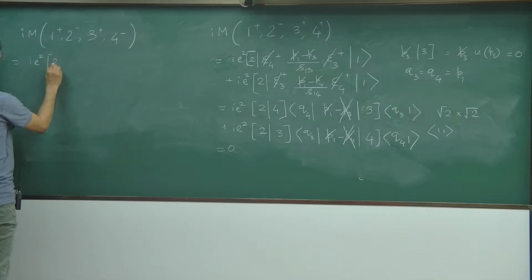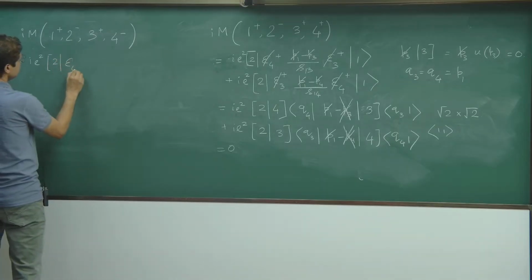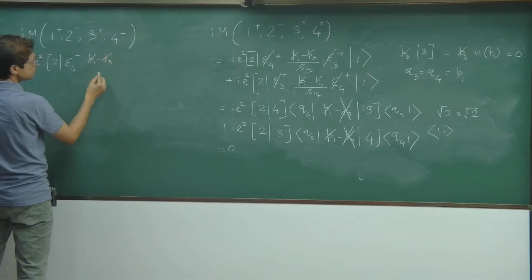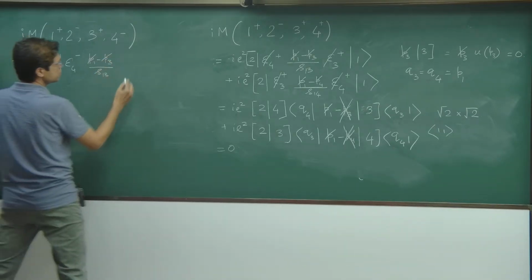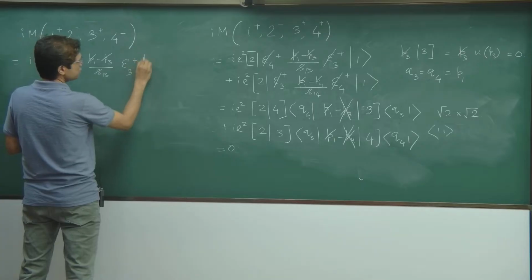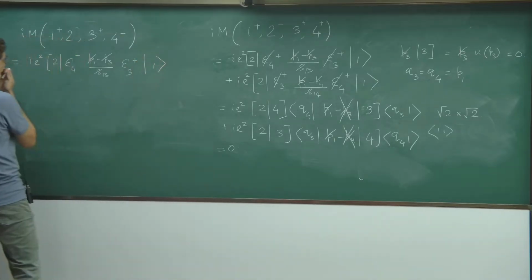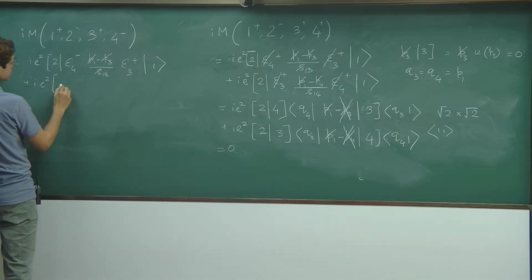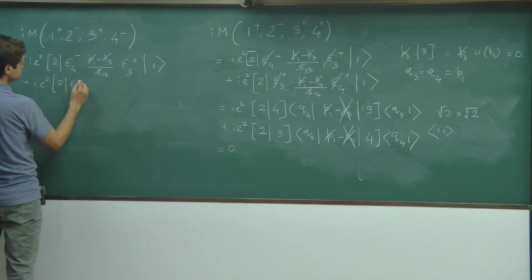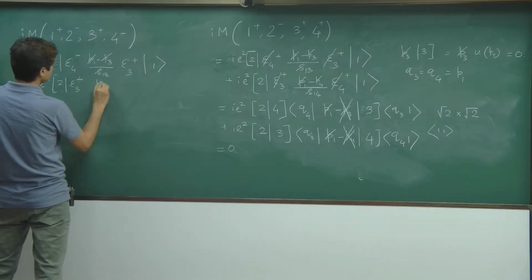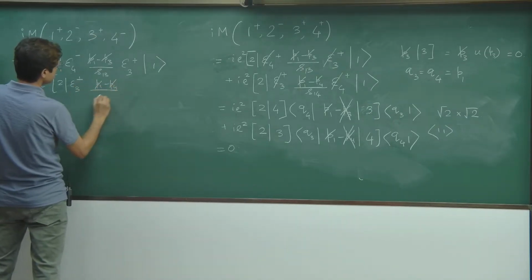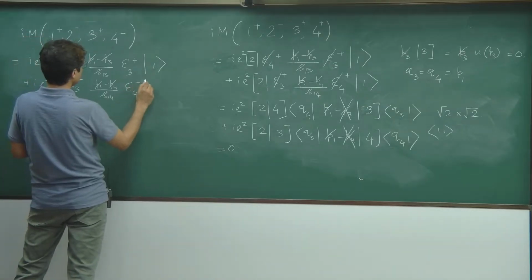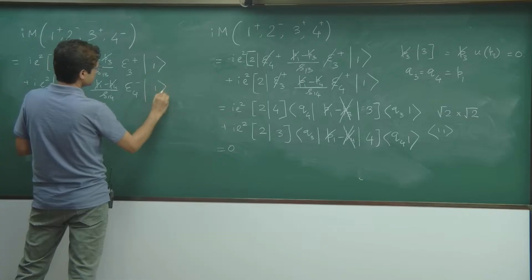So from the first diagram, 2 epsilon 4 minus P1 minus P3 slash S13 epsilon 3 plus 1 angle plus i square 2 epsilon 3 plus 1 minus 4 divided by S14 epsilon 4 minus, right? Yes, 1 angle.